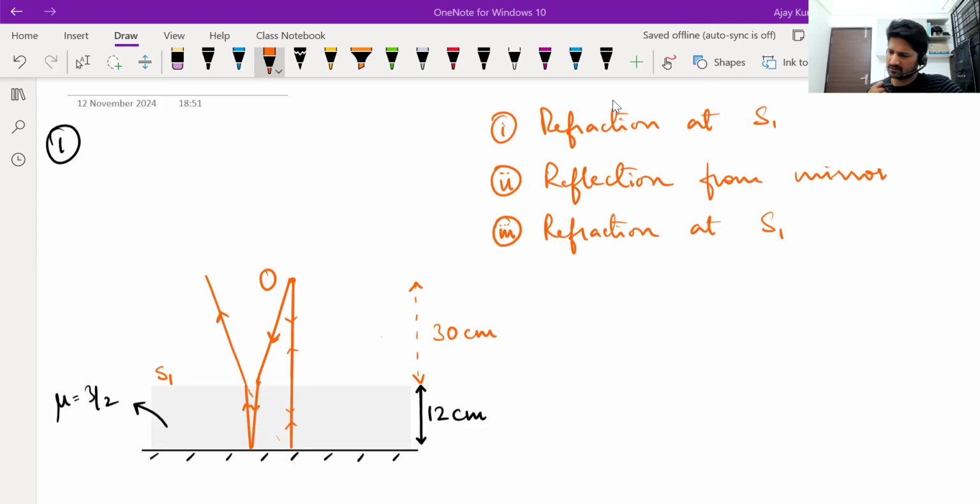Okay, let's discuss this step by step. Rishi, suppose you want to find out where the image forms after the first refraction. You can see how the light has bent after the first refraction. It has bent towards the normal, so it appears to be coming from somewhere here.